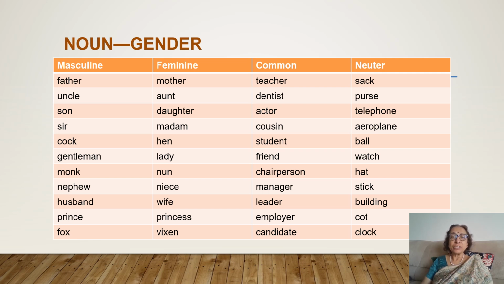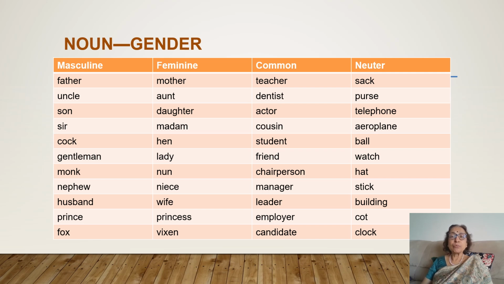Student, we don't distinguish the gender. Friend also, we don't say boyfriend, girlfriend, because that has a different connotation altogether. Then chairman, chairwoman was there earlier. Today we have the word chairperson. Similarly, manager, leader, employer, candidate, employee. You can make a long list of common genders.